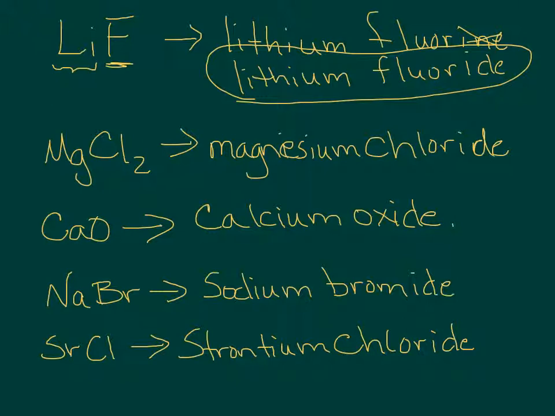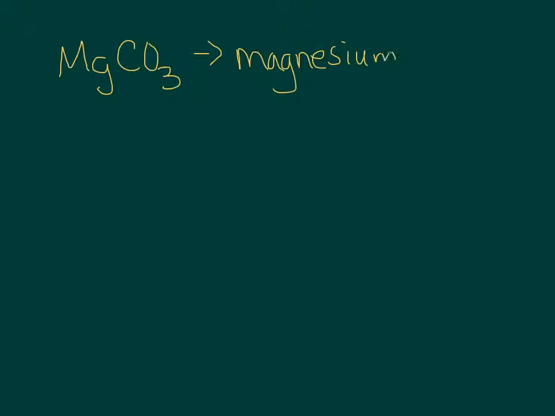Let's look at one with a polyatomic ion. Okay, so I'm going to name the first element first. That's magnesium. The second element, so remember that's a positive 2, that's a negative 2. They're metal, non-metal, positive, negative.